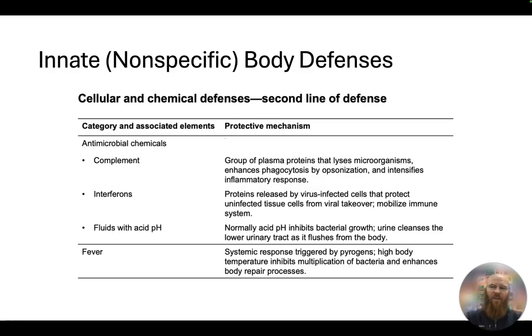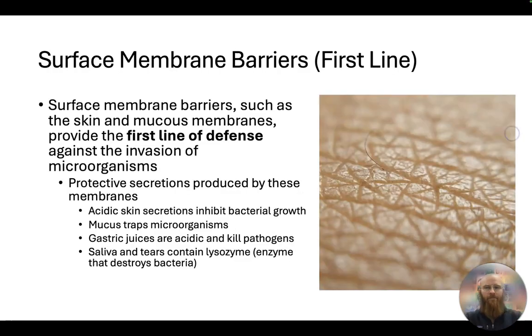And finally, you've got these additional elements. You have your antimicrobial chemicals. These are two types of proteins that we're going to discuss later, and your body's ability to run a fever and what that is actually accomplishing as well. You can feel free to go ahead and hit pause and review those in a little more detail.